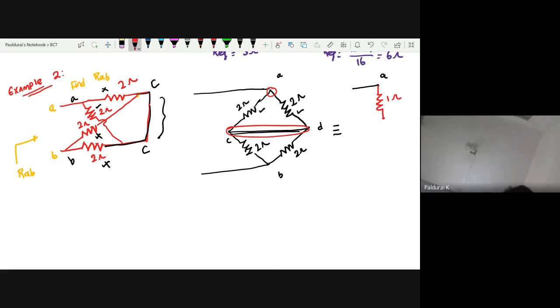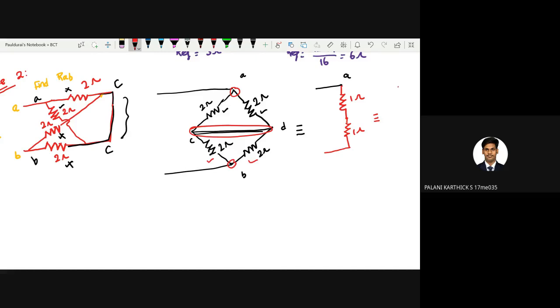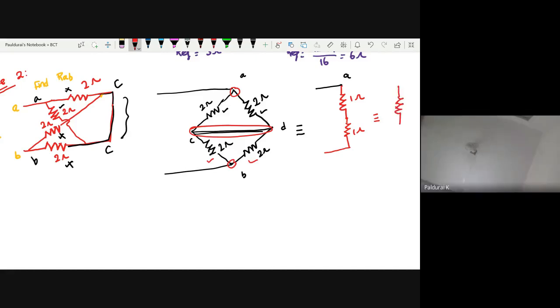Similarly, here this 2 and this 2 are again in parallel, so it will give you 1. So the equivalent will give you 2, because these two are connected in series. This is my A, this is my B. So the answer is 2. Any doubt?